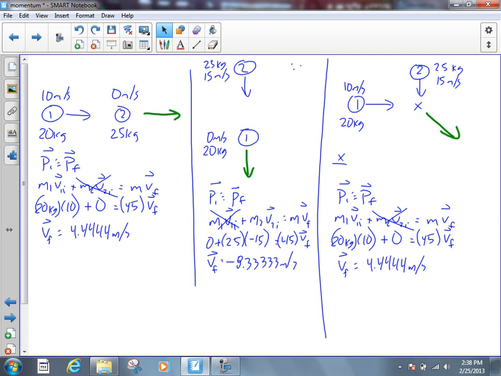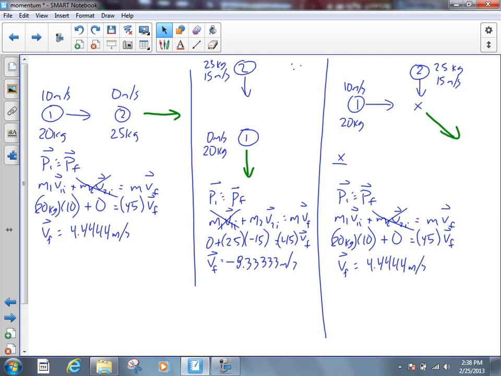Good. When we're analyzing the x, let's take a look at just x for a second. If we look at just x, we can effectively cover up everything that's y. Let's cover up object number 2 here. If we cover up object number 2, it has no momentum. There's nothing there. So it becomes the exact same problem as we had with problem number 1.